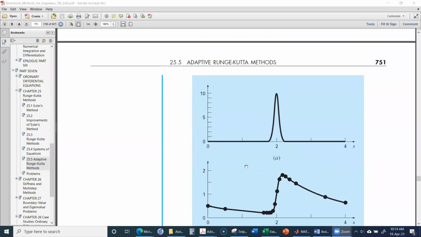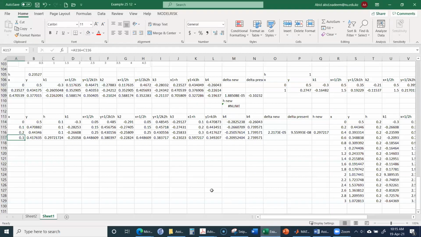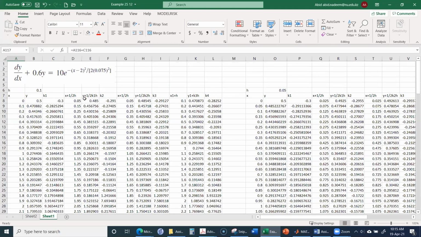Okay, so if we just apply the classic Runge-Kutta method, as for example here in this Excel file, I took this equation dy over dx, and applied the classic fourth order Runge-Kutta method with coefficients k1, k2, k3, and k4.